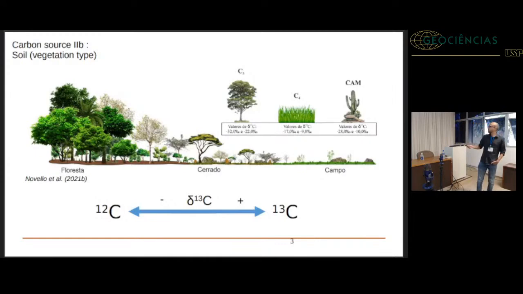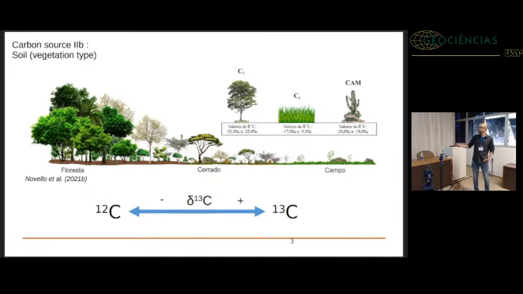The isotopic composition, the δ13C values, of C3 and C4 plants are different and do not overlap. The δ13C in C3 plants will range between -22 and -32, and C4 plants between -9 and -17. So if you have a forest, you probably have more C3 plants. If you have an open field, you probably have more grasses.